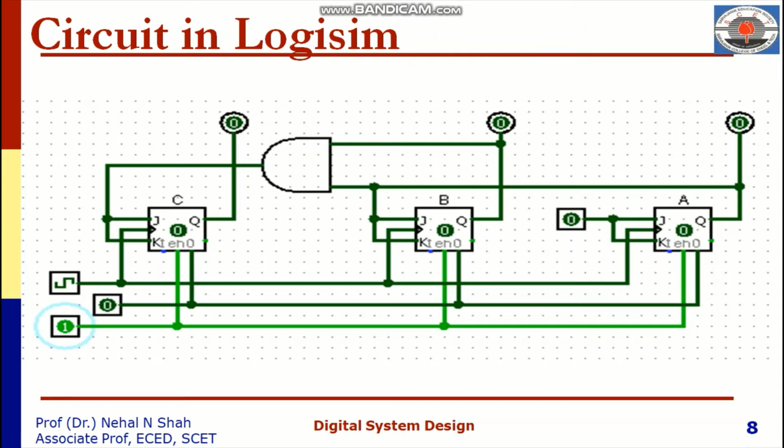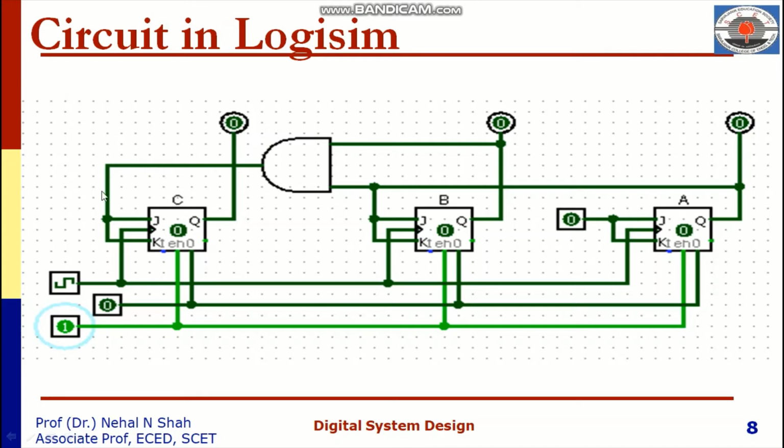In Logisim, if JK flip-flops are used, you can observe JA, KA, JB, KB, JC, KC are connected. To the JA, KA input, we need to provide logic high. This QA is connected with the JB, KB input, and QA and QB go to an AND gate.